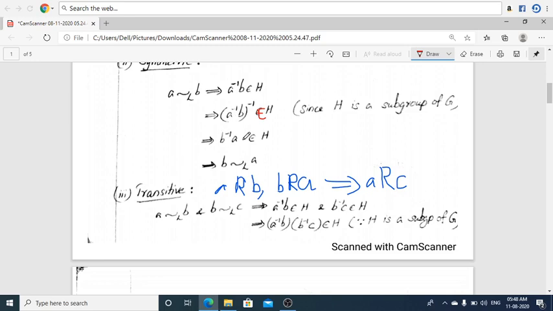So b inverse a belongs to H, which means b ~L a.